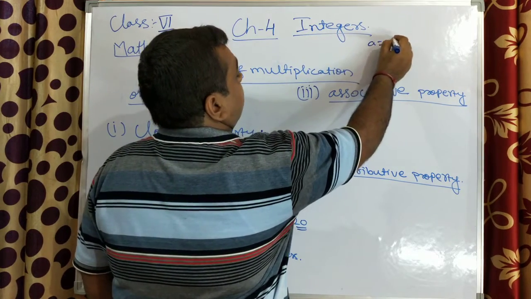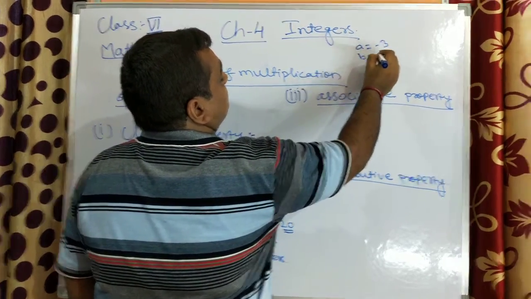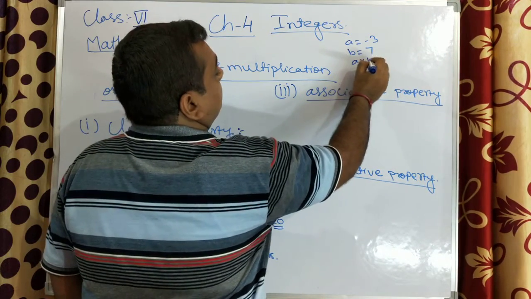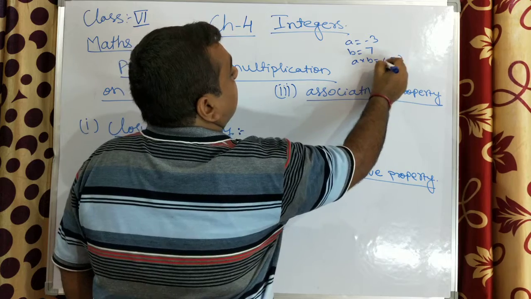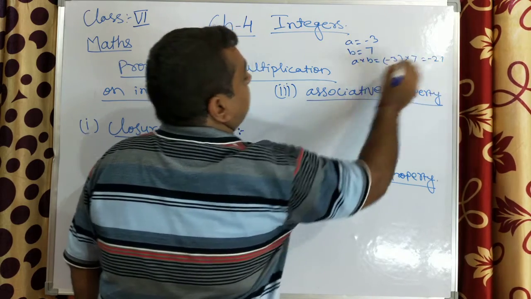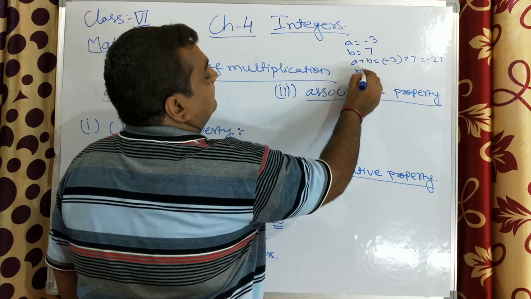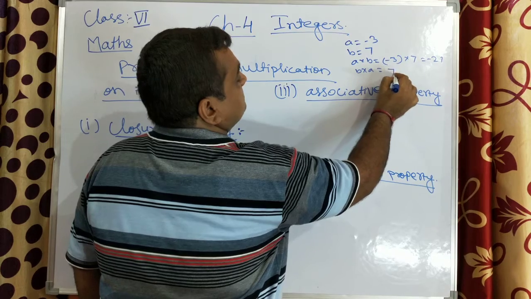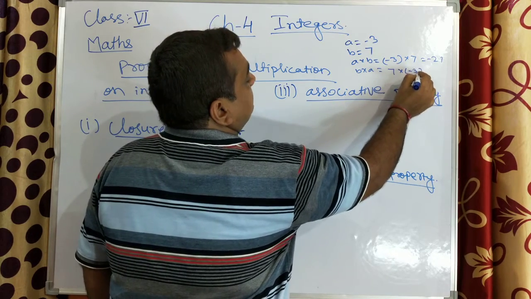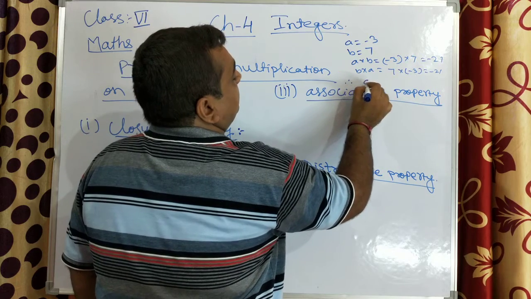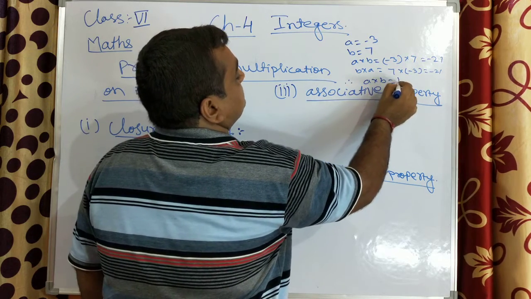So a into b, -3 into 7 equals -21. b into a, 7 into -3, is -21. Therefore we can write a into b equals b into a. This is your commutative property.